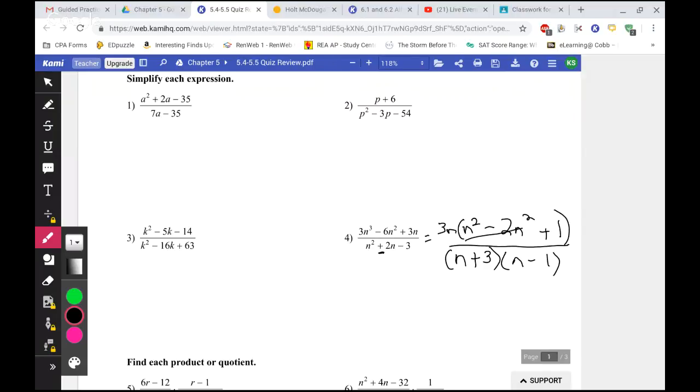And this factors to be 2 factors that give me a +1 when multiplied and a -2 when I combine them, which is going to be a -1 and -1. So then I can cancel this one. And so on the top, I have 3n times n minus 1 all over n plus 3. And that's my final answer.